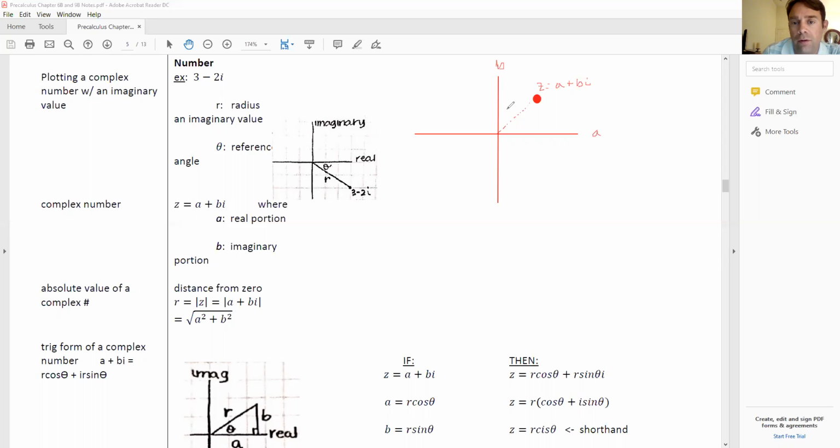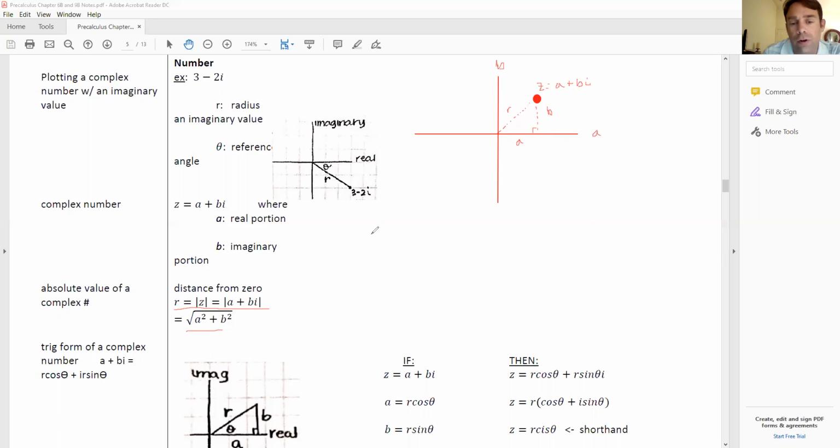We're going to call that R. Originally, we called that the absolute value of Z. So R is equal to the absolute value of Z, which we dealt with back in the first semester. It's just the Pythagorean theorem, which is what we see right here.